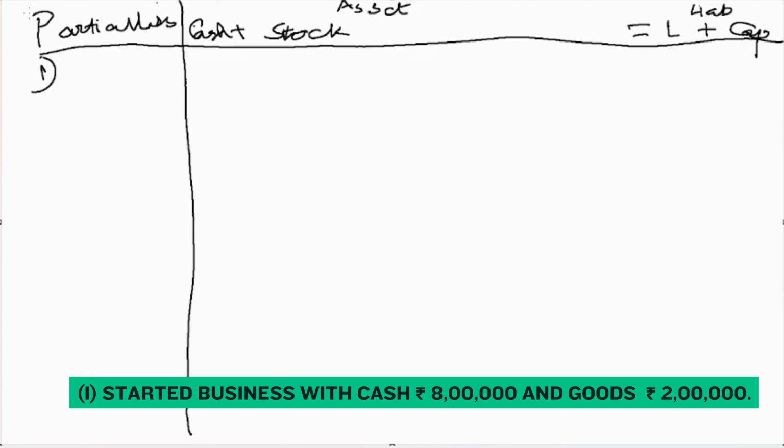First, we are going to write here 8 lakhs for cash, and we are going to write here 2 lakhs for stock. So we can see that the entire 8 lakhs and 2 lakhs is going to capital, which is 10 lakhs.